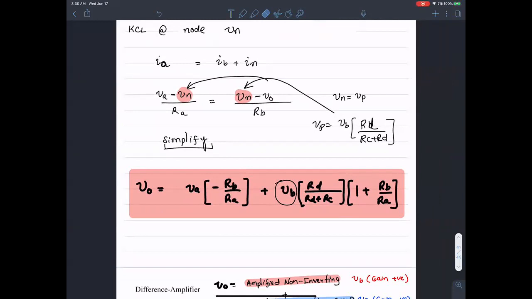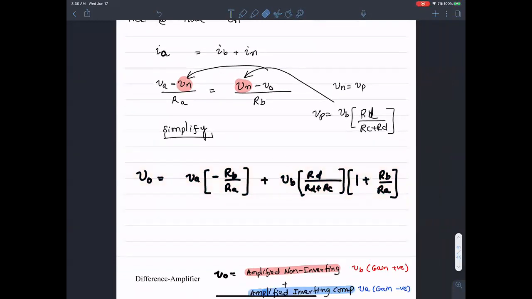Oh wait, are you asking about the far right side of this? Yeah. Yes, this guy. Think about this. This term 1 plus Rb over Ra, what does that represent?